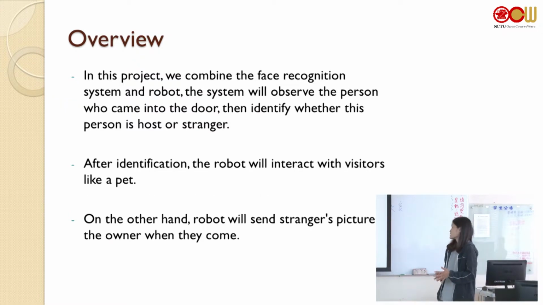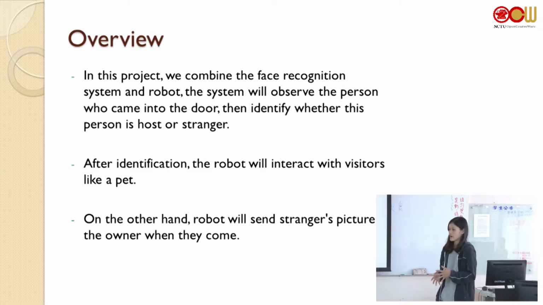In this project, we combine the face recognition system and the robot. The system will observe the person who comes into the door, then identify whether this person is a host or a stranger.